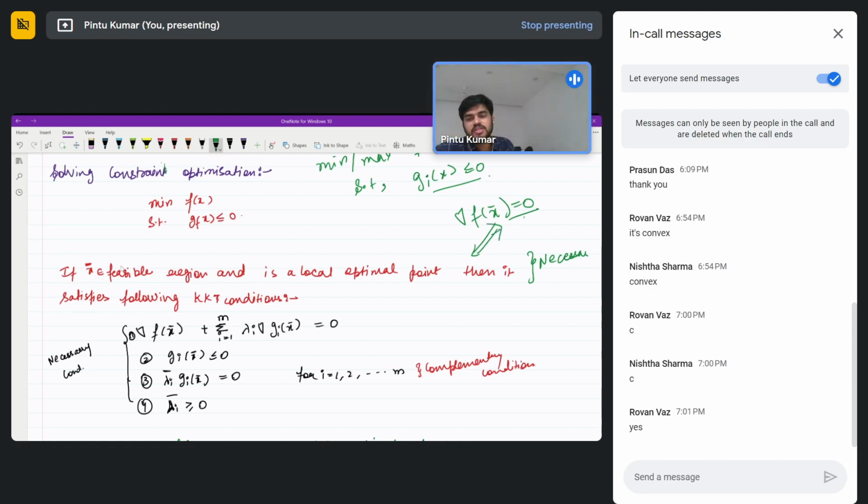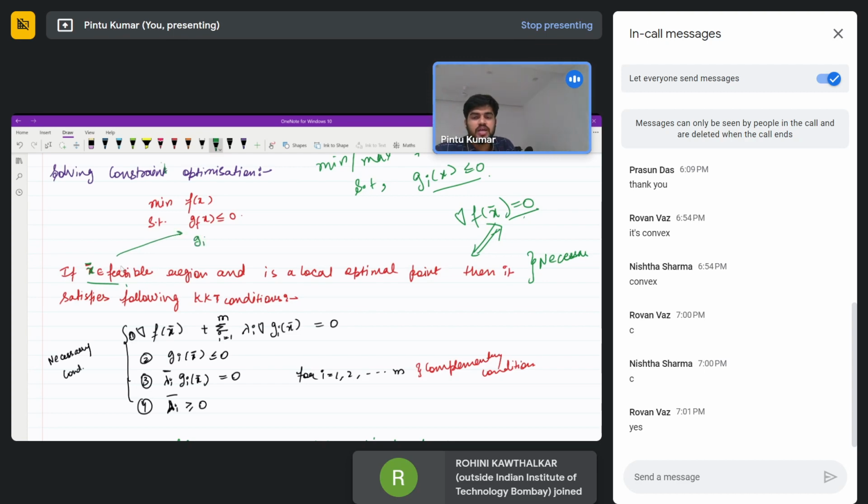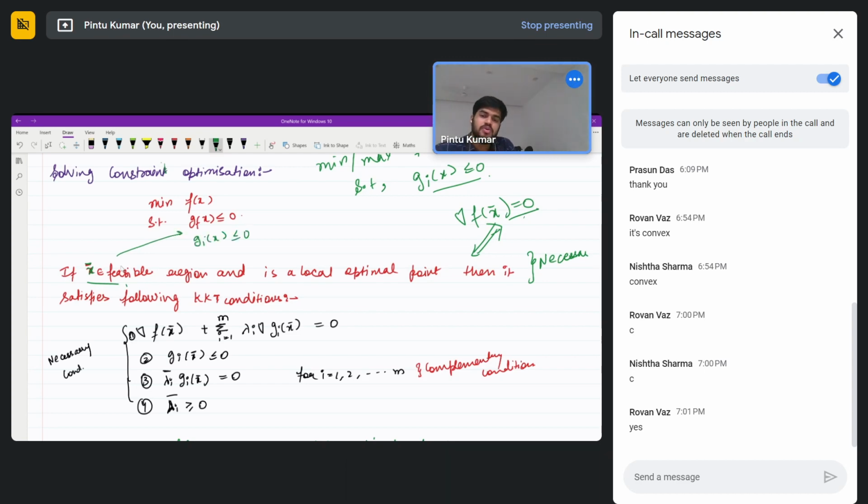First, let's say your x bar belongs to the feasible region, that is, your x bar must satisfy g i of x less than or equal to 0 for all i. Now if this is true, and your x bar is a local optimal point, then it must satisfy the following conditions, known as KKT conditions.